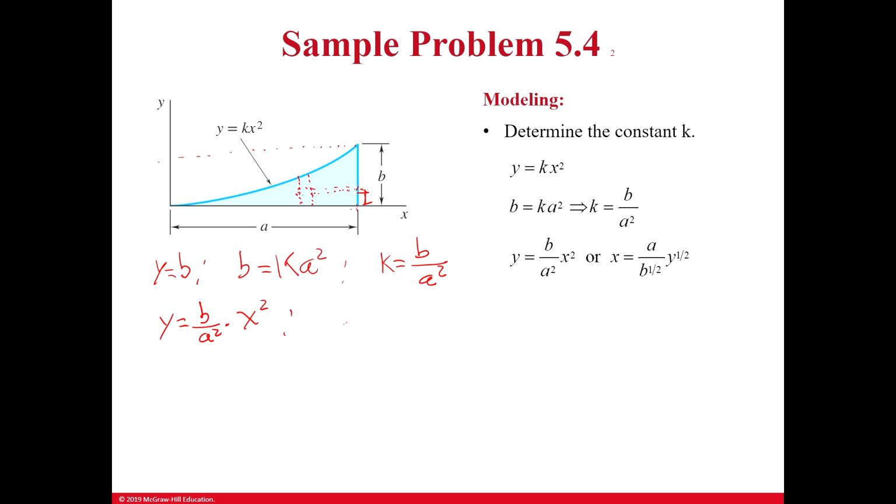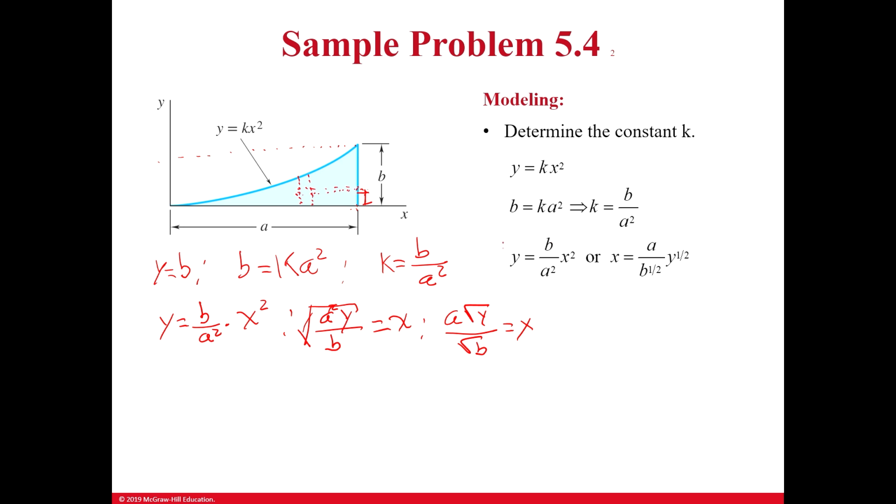So what I mean is that if you have this equation, what you have to do is have x by itself, and that will take a squared times y divided by b is equal to x squared, or the square root of this is x, which means that a square root of y divided by a square root of b is equal to x. Yeah, like so.